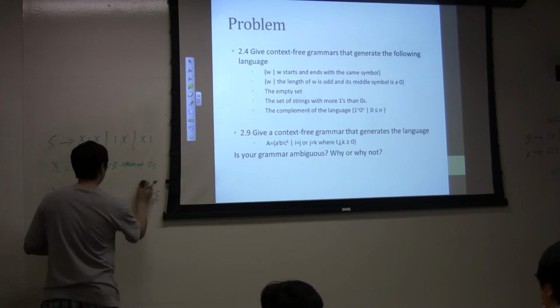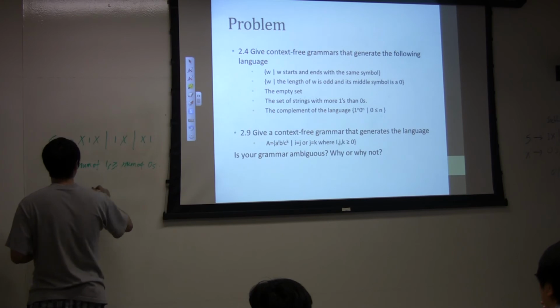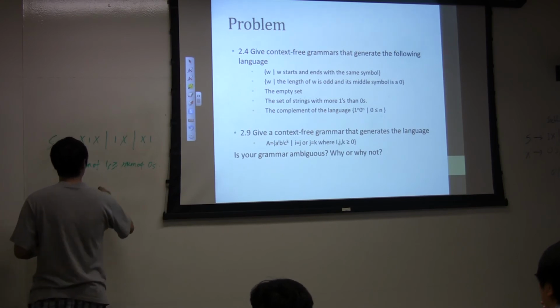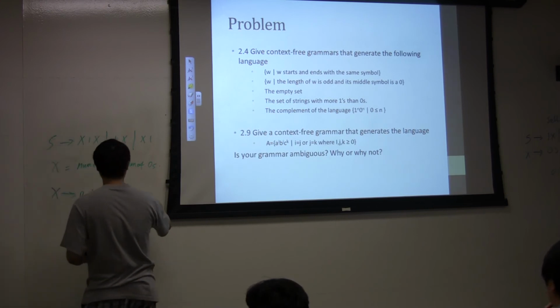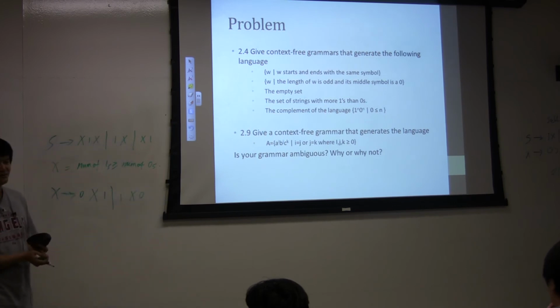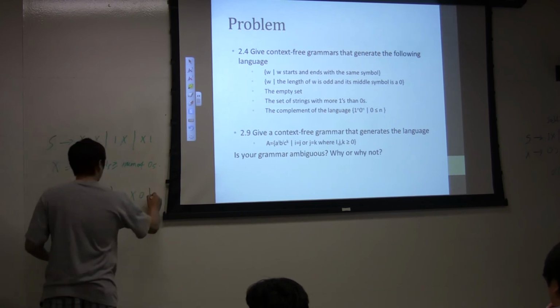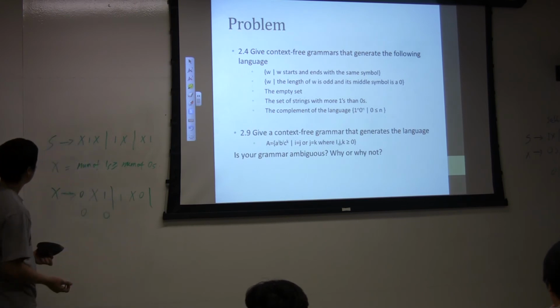Okay, I know how to simplify this. First is the string that starts with 0 and ends with 1. Then this is the case. Second is a string that starts with 1 and ends with 0. What about the string that starts with 0 and ends with 0?